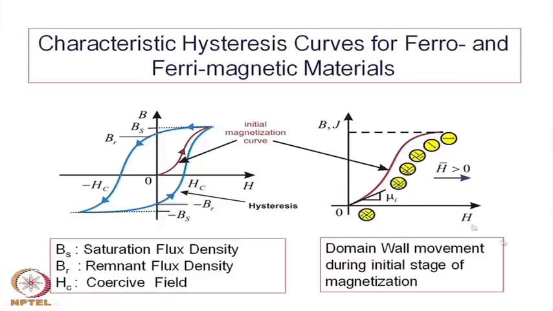The initial permeability is the slope of the initial curve, that is the mu i, the initial permeability, and then of course it follows a nonlinear behavior, and finally it reaches a saturation magnetization or the maximum polarization.